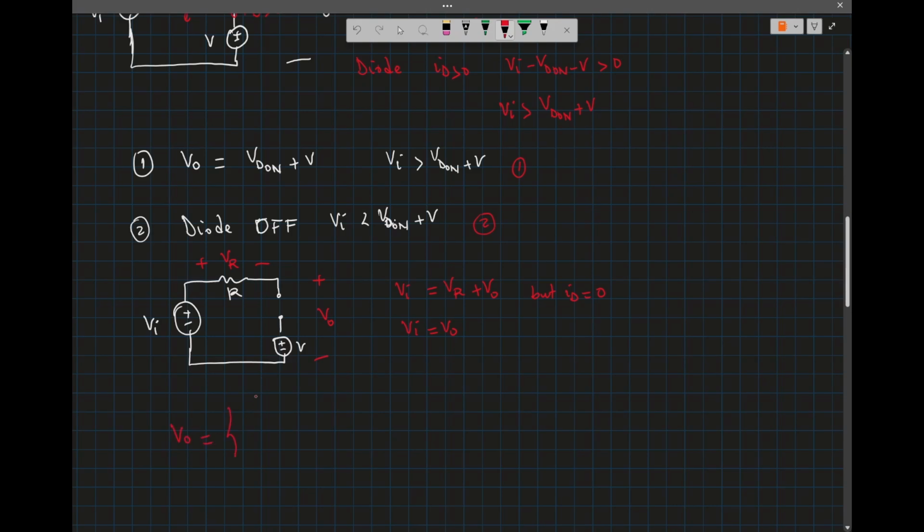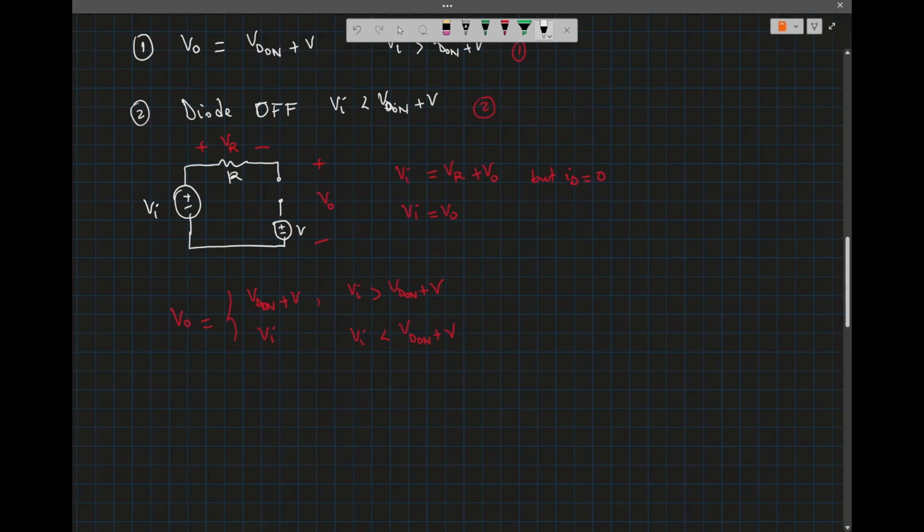V0 will be equal to VD on plus V when VI is bigger than the diode voltage plus the bias voltage, and V0 will be equal to VI when VI is less than VD on plus V. If you've been watching the videos up to this point, you notice that once you stick with this process, assume the diode is on or off, write KVL, then you'll be able to correctly solve the network.